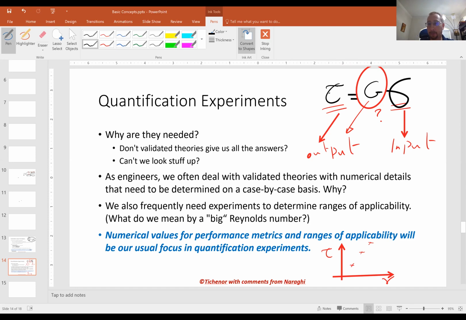And you're going to fit a line to this, and the slope of this line will be your shear modulus. So that's the quantification experiment. In this case, through an exploratory experiment, we identified that shear strain and shear stress scale linearly with each other.